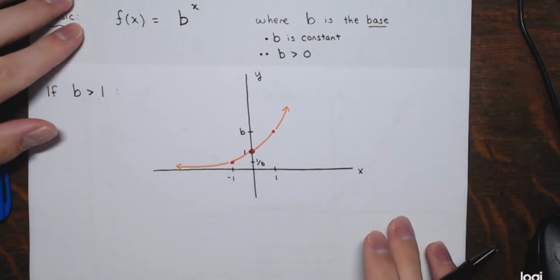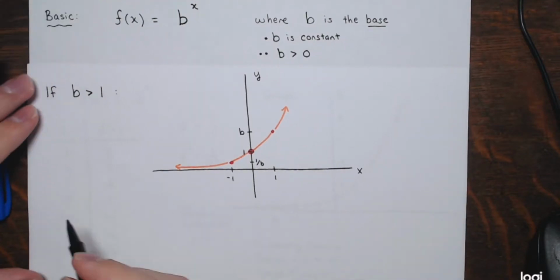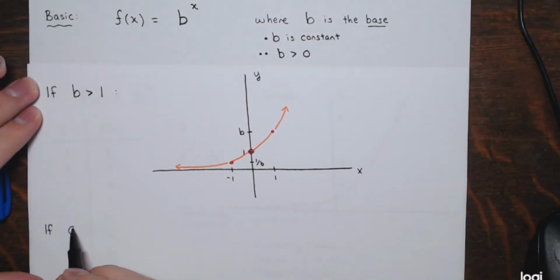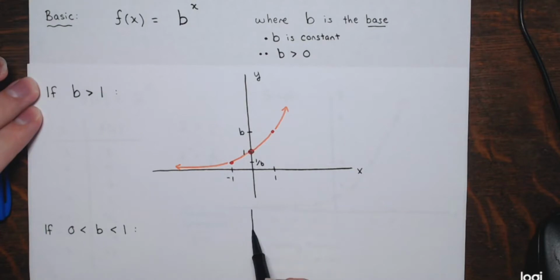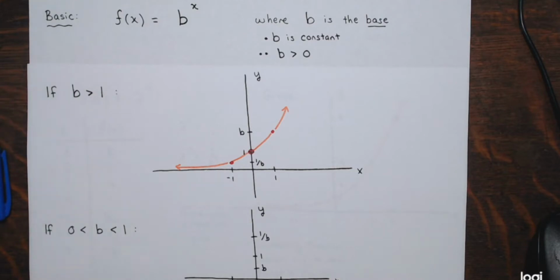And if the base is less than 1, so if the base is between 0 and 1, still want positive bases, well then it's just like that 1/2 to the x that I showed you. So b is here, and then 1 over b would be bigger than 1 if b is less than 1.